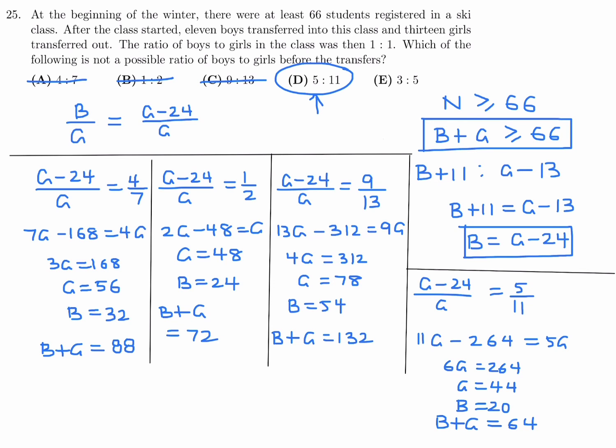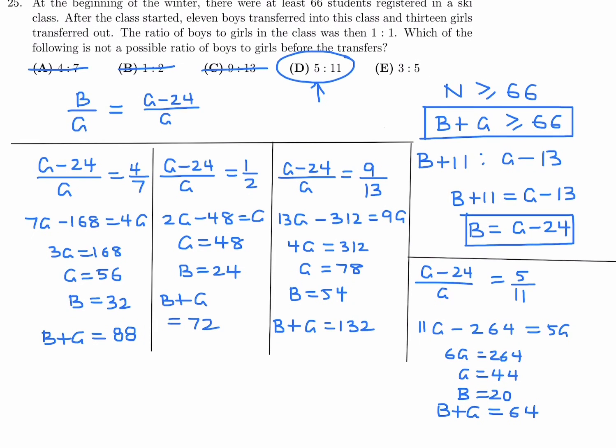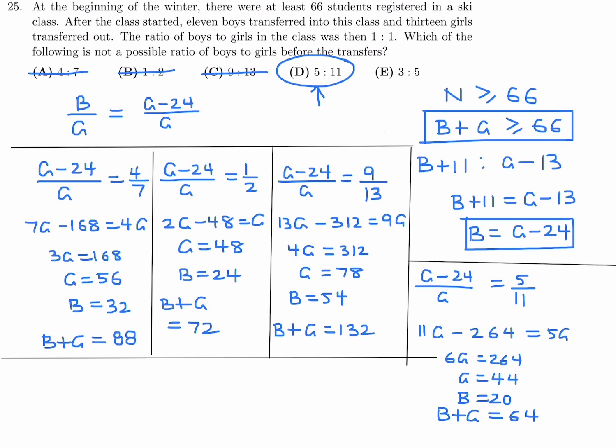Okay, great. That's the correct answer. And just for the sake of completion, let's do this one, just to be complete. It won't take us that long. So by now you're an expert. g minus 24 over g is 3 over 5. So that means 5g minus 120 is 3g.